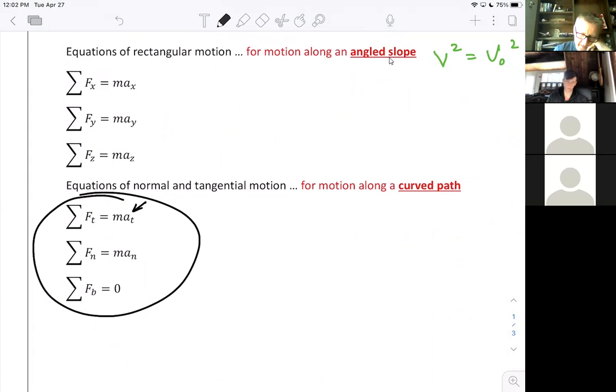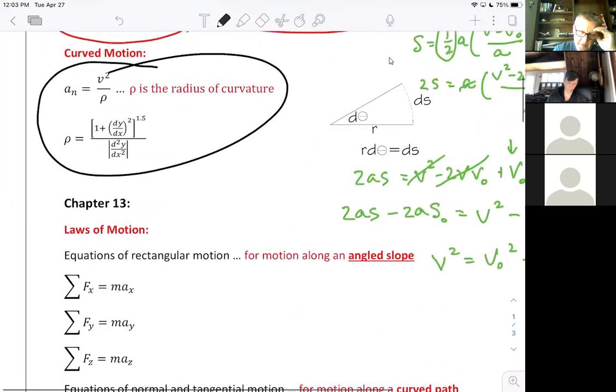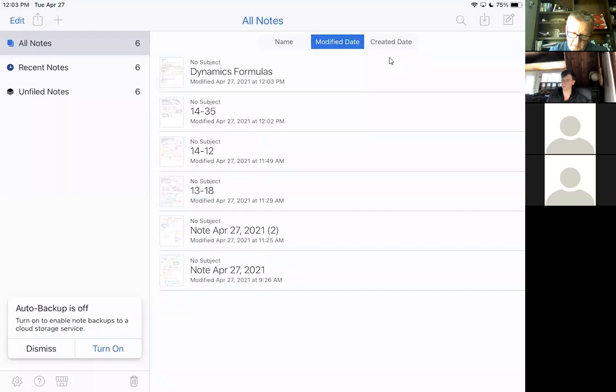And then this one had the sum of the normal forces in it, and that was related to mass and normal acceleration. Again, from that Desmos I showed you, I hope you're getting that. And so if I need to know anything about normal acceleration, here's a bunch of stuff up here. So I'm going to have to use some of that stuff we did before, since they asked me a little bit harder of a question.